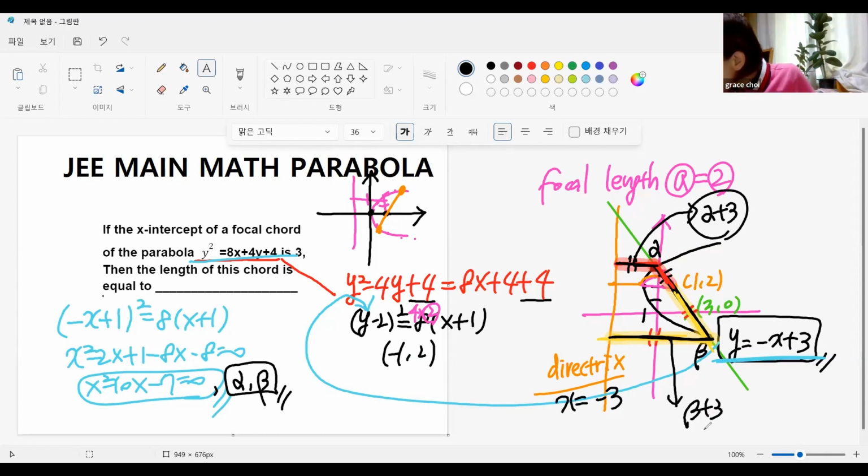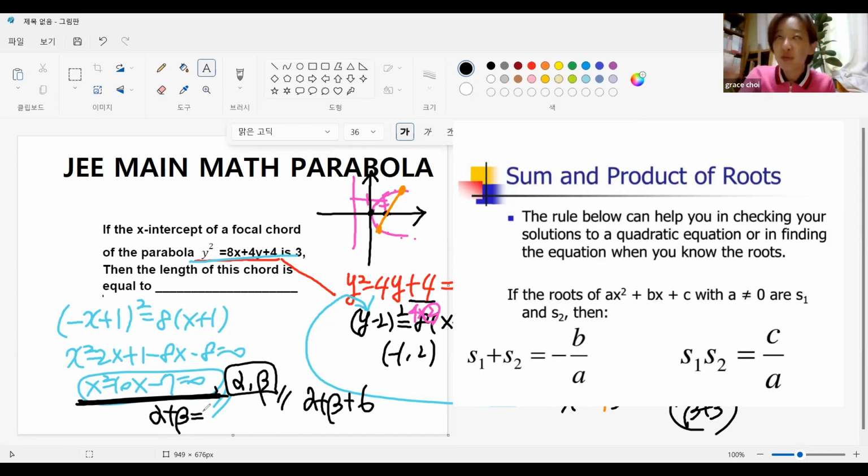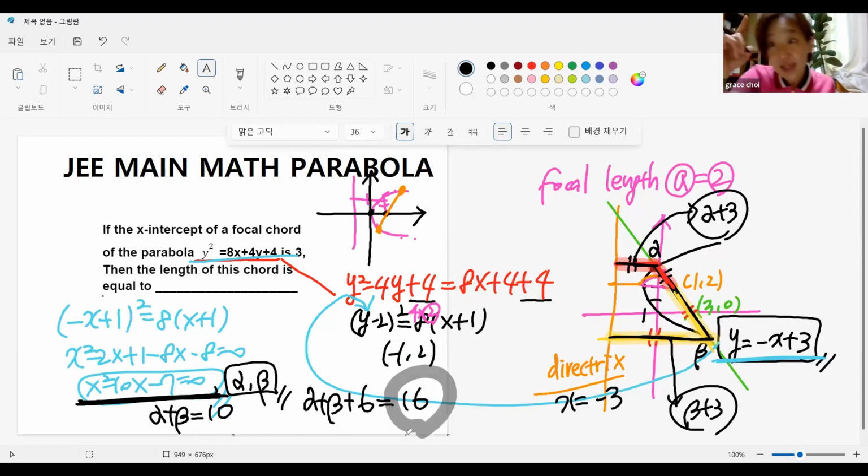So the sum of the 2 lengths is alpha plus beta plus 6. How can you get alpha plus beta? The sum of the 2 roots is minus b over a, which is 10. Thus, the answer is 16. You can do it.